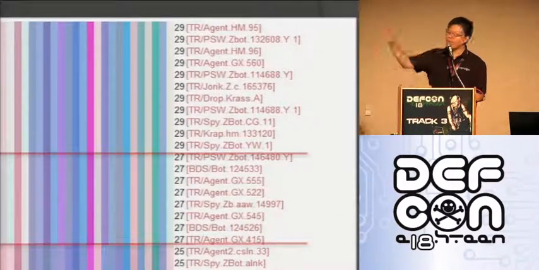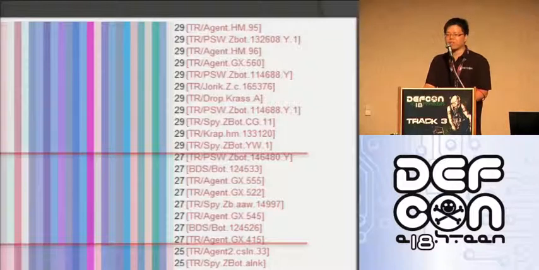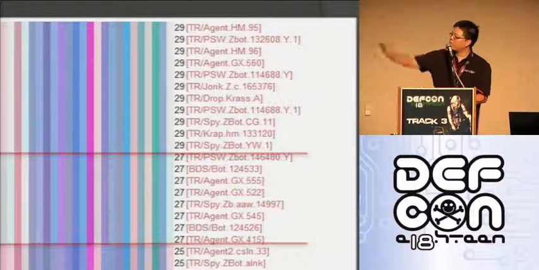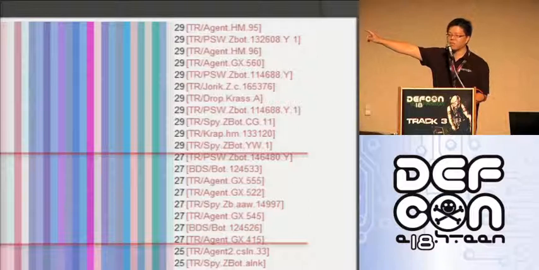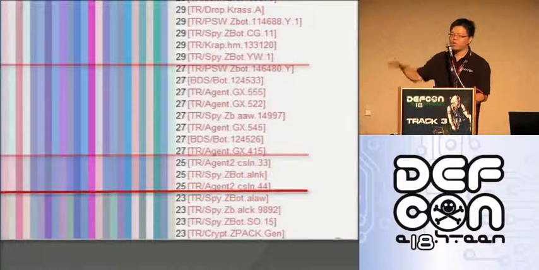All these malware instances happen to be from the same malware family, ZBot, also called Zeus. Even the first upper block is all ZBot, and the second block is all ZBot. So in total, these 26 are all ZBot instances.